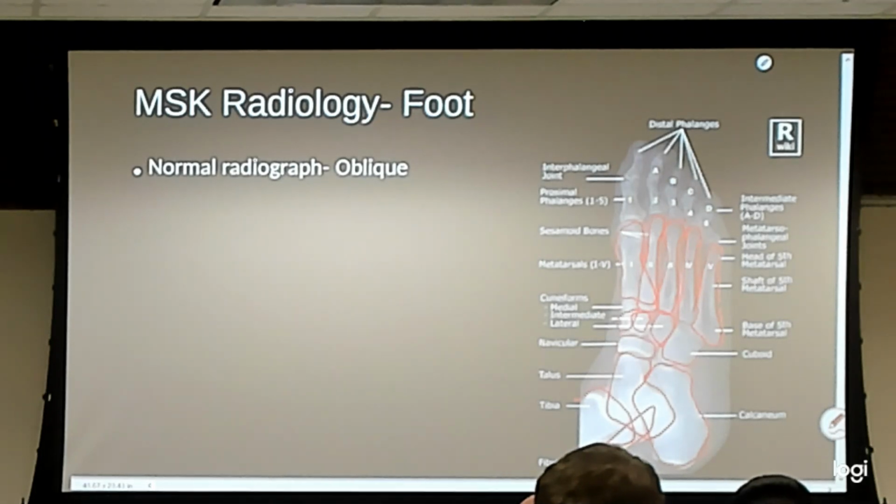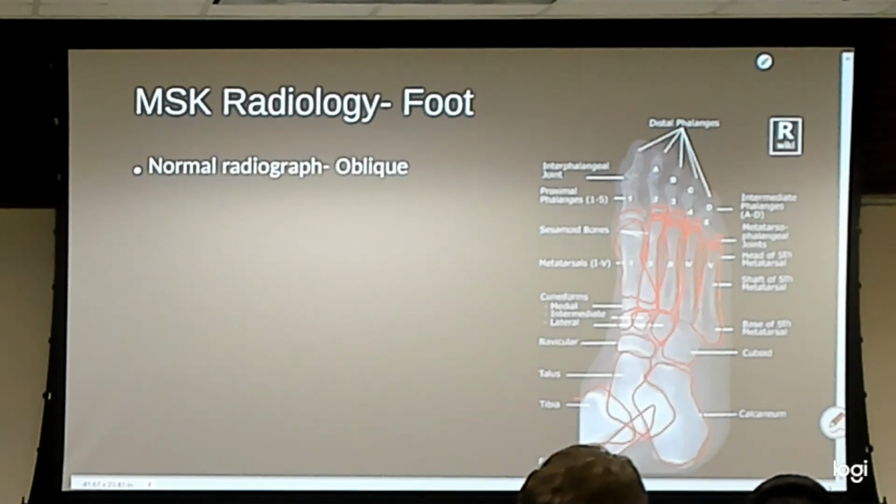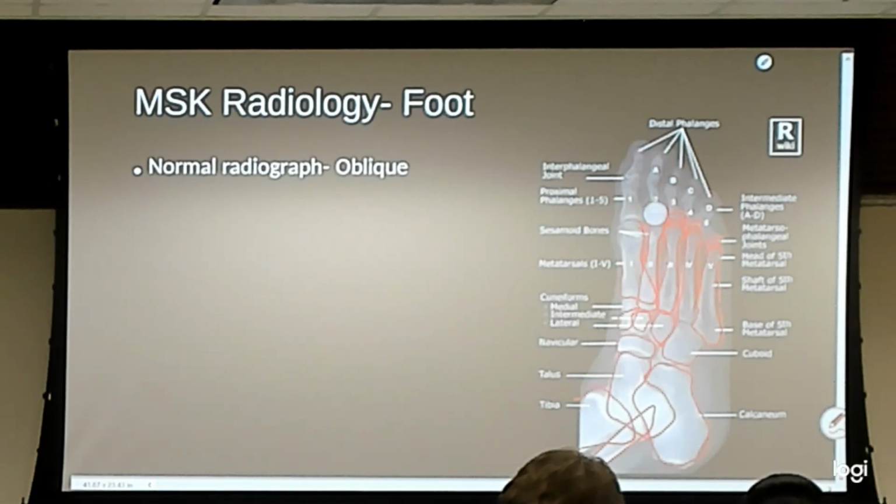Okay. Metatarsal phalangeal joints. And sesamoids. Hold on, I gotta get all this stuff off of that. There are 2 in most humans. They should just align just proximal to that metatarsal phalangeal joint.